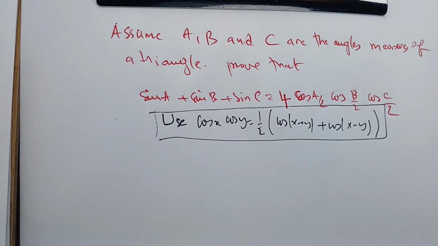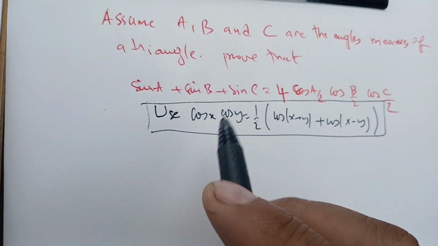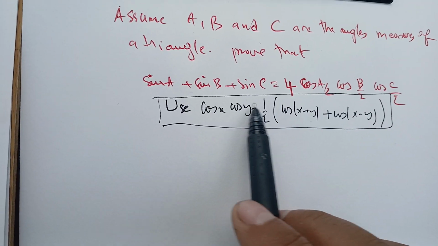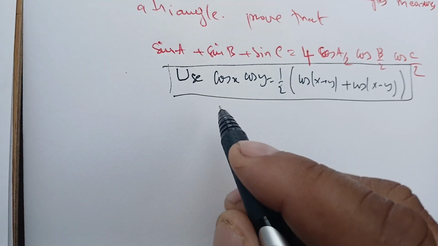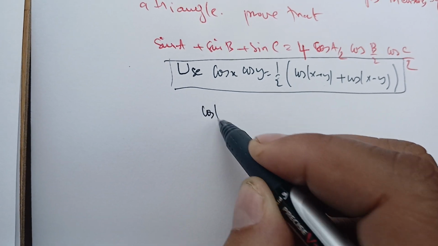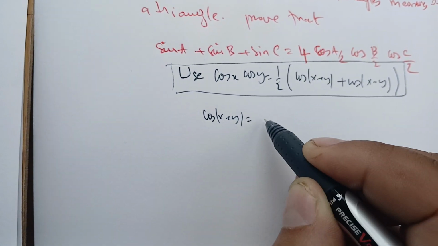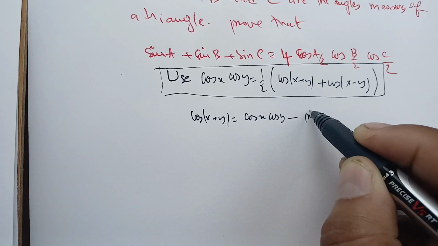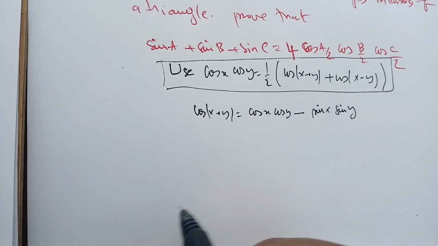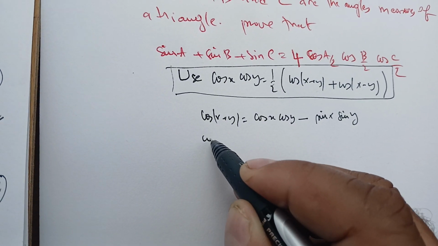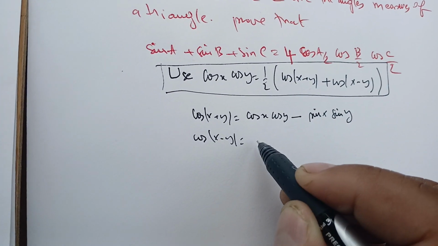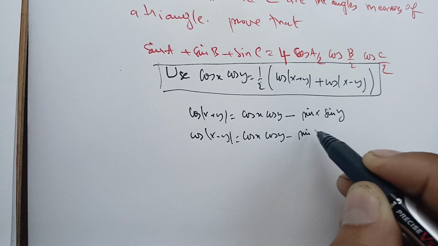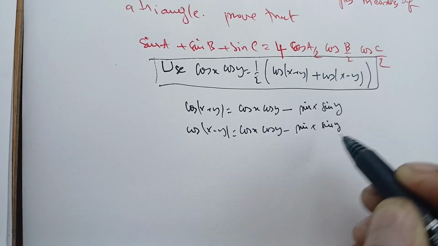Okay, let's solve this problem. Before we proceed, we're gonna prove this formula. We know that cosine of x plus y is cosine x times cosine y minus sine x sine y. The same thing for cosine x minus y: it's cosine x times cosine y plus sine x sine y.